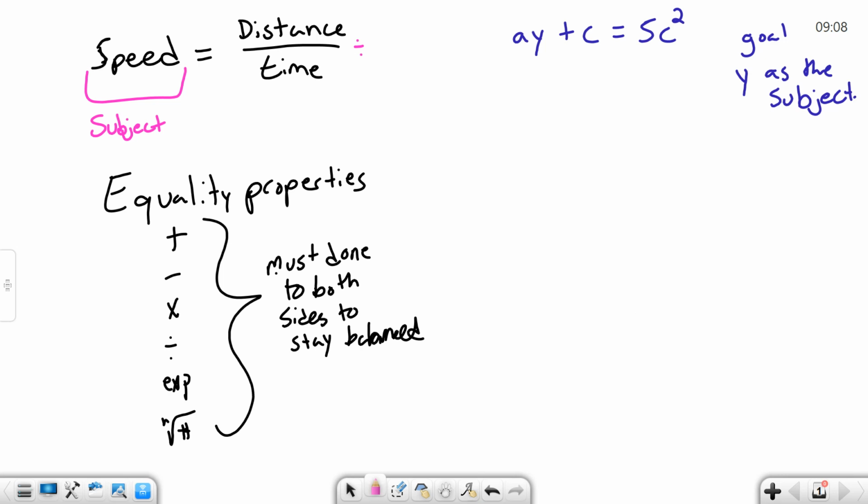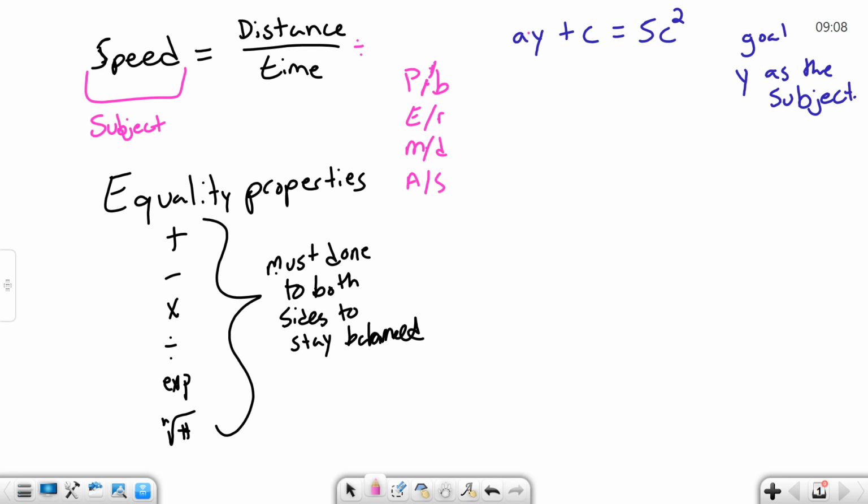In this equation, we have a times y plus c is equal to 5c squared. If we think back to the order of operations, we know that we have parentheses, exponents, multiplication, division, addition, subtraction, but we also have radicals, and we also have brackets.